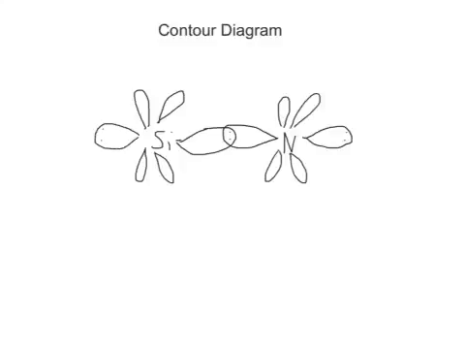Now these lateral sp orbitals with the 2 electrons in them, these are our lone pairs. And the p orbitals that I've drawn have 1 electron here, 1 electron here, 1 electron here, 1 electron here.